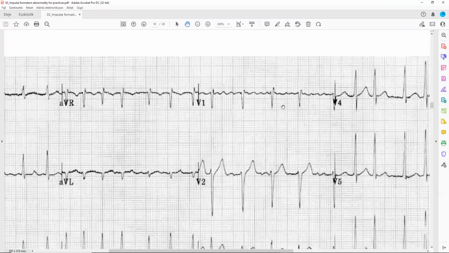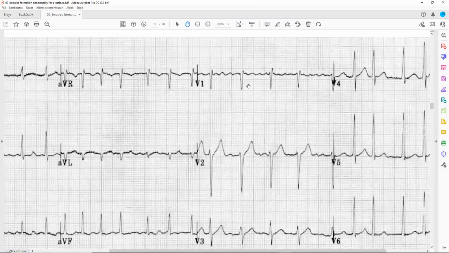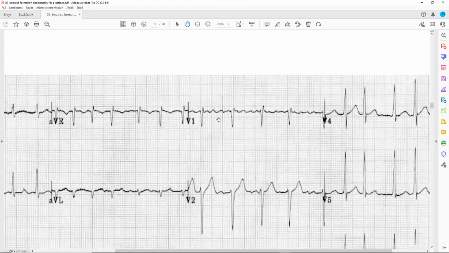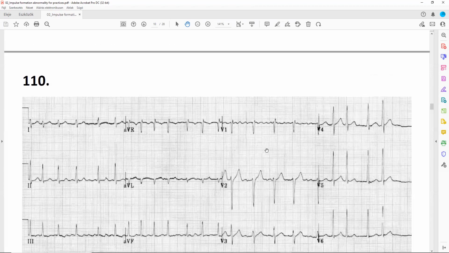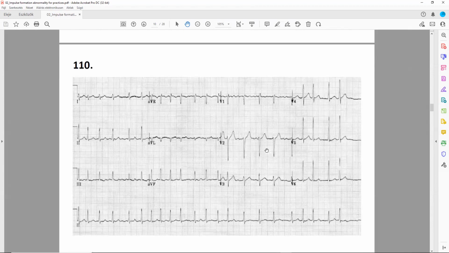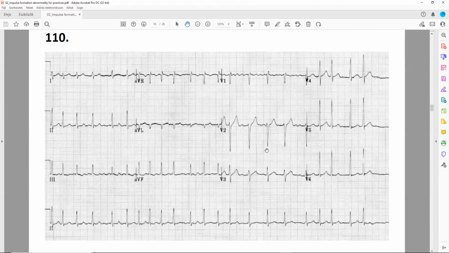So we can see in the second lead the P waves have different shapes. Well, I won't say it's different, but if you look at the rate of this P wave, it's more than 350. Can you see it? Because the rate is more than 350, it's very tachycardic in the atrium.